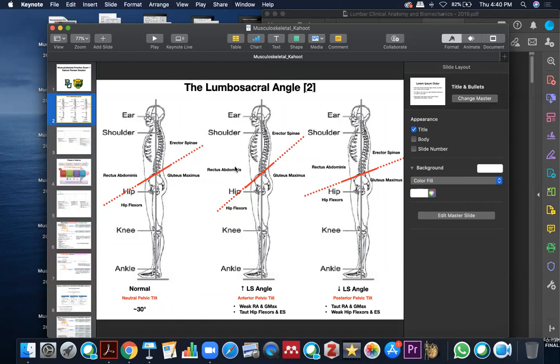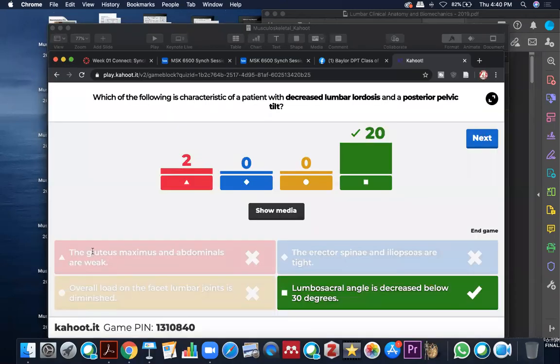In any case, hopefully you remember these different muscles in 4 quadrants around this line. In the case of posterior pelvic tilt, which is what we had here, relative to neutral, as the question said, you're going to have tight glute max and tight abdominals. So these ones right there.